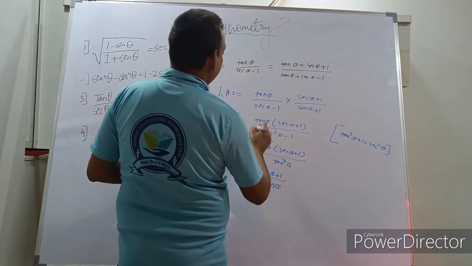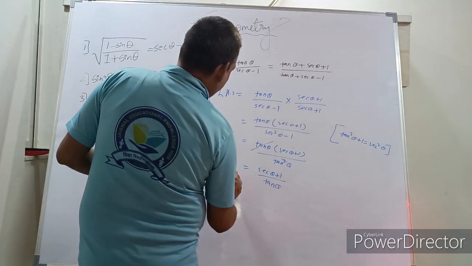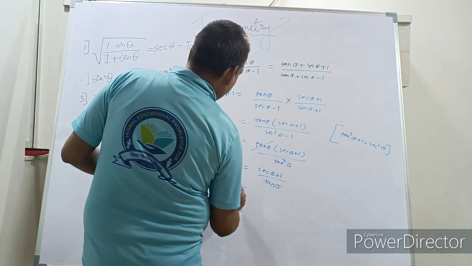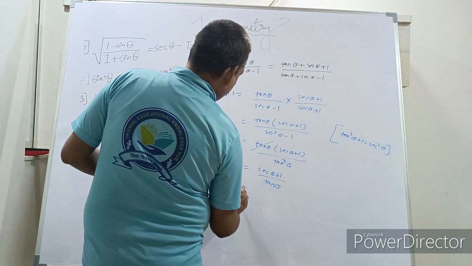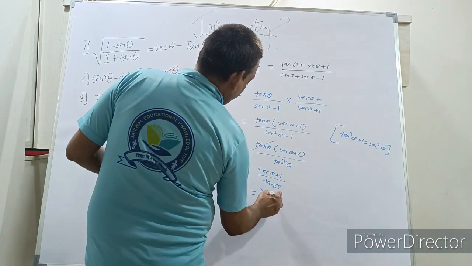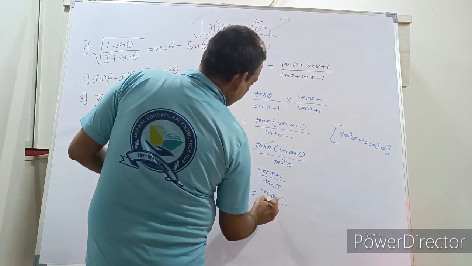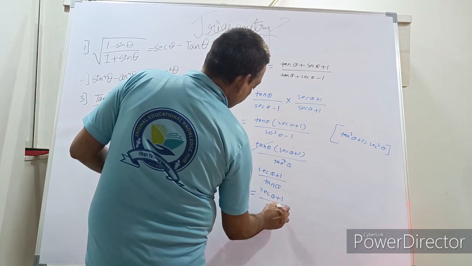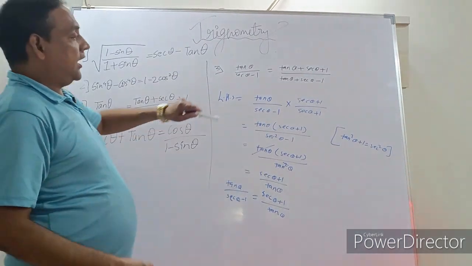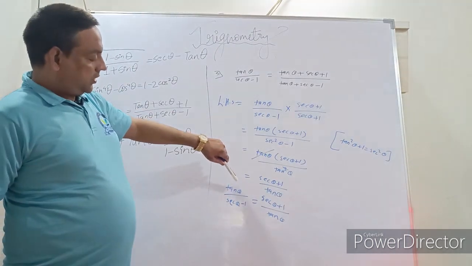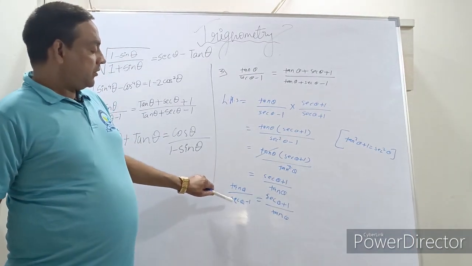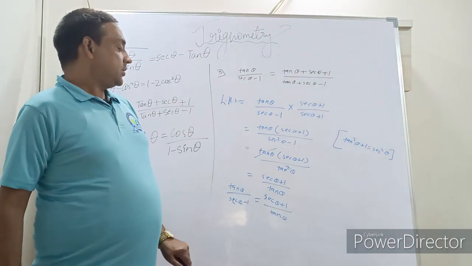Now if you see here, the left hand side we had tan theta upon sec theta minus 1, and we proved here it equals sec theta plus 1 upon tan theta. Now if you see properly, the RHS is tan theta plus sec theta plus 1 in the numerator, then in the denominator tan theta plus sec theta minus 1.